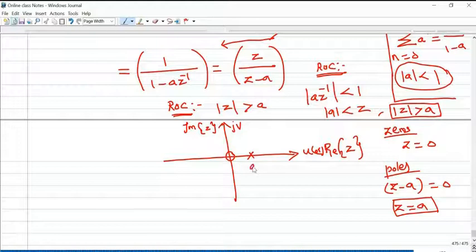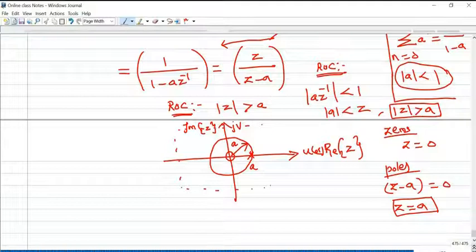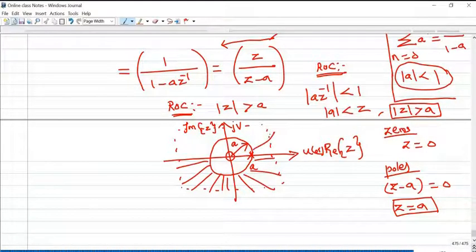This represents the pole at A. Now region of convergence, modulus Z greater than A. So for ROC, first we have to draw a circle with the radius of A. Greater than A meaning we have to show that ROC is outside the circle, right? Outside the circle. This indicates modulus Z greater than A.